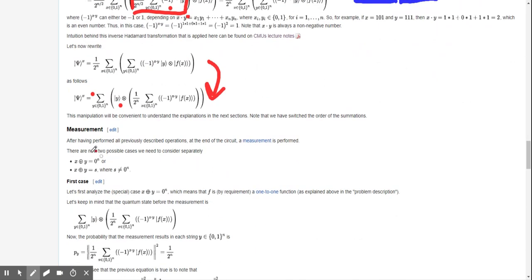After having performed all previously described operations at the end of the circuit, a measurement is performed. There are now two possible cases we need to consider. Let's first analyze the special case of x times y equals 0, the zero string.